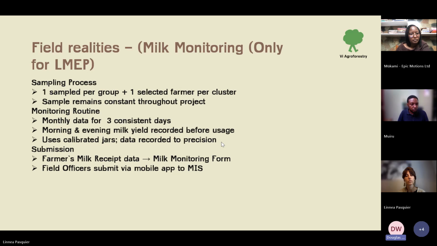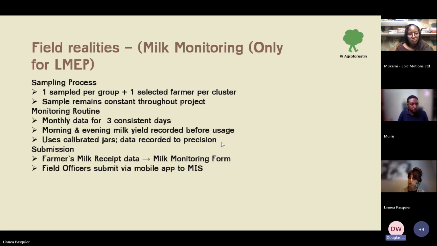About the milk itself, we record before usage, and it is a combination of both morning and evening. We have also given them a calibrated jar to measure the milk and record to precision.